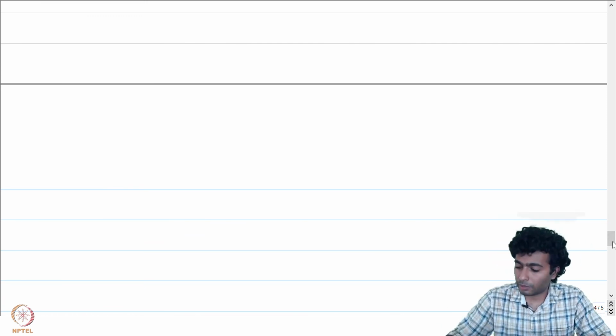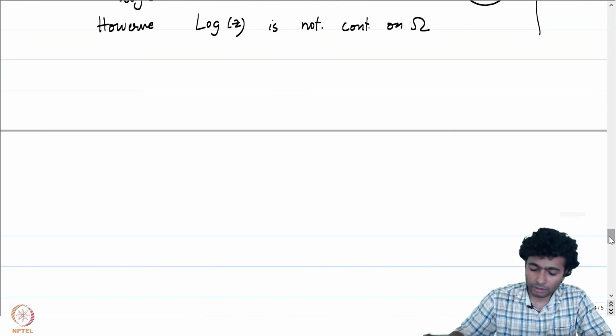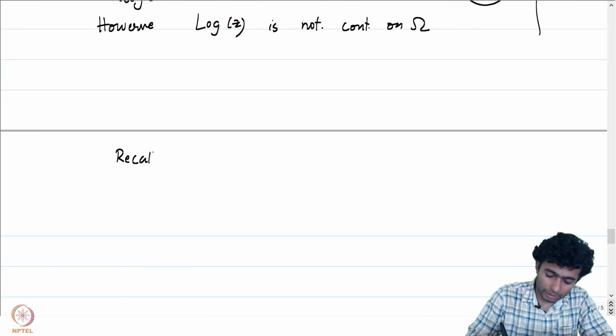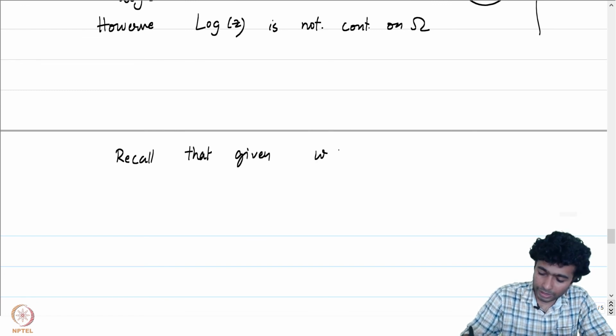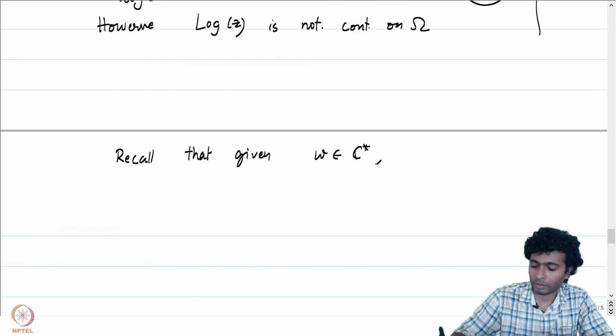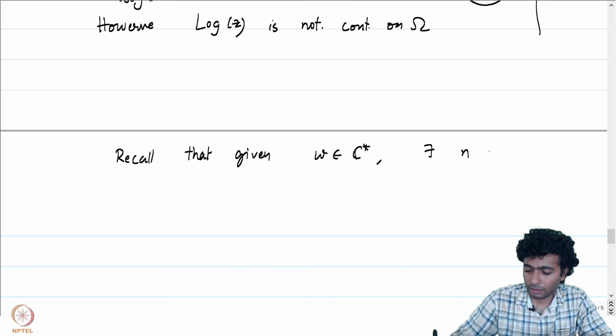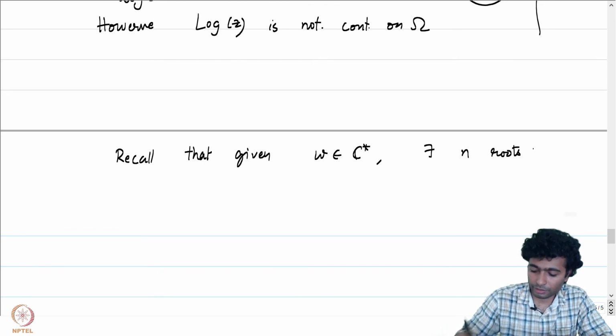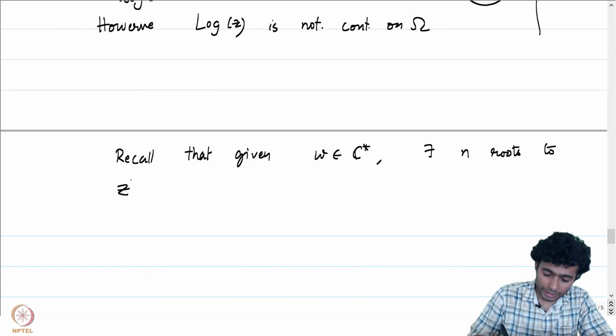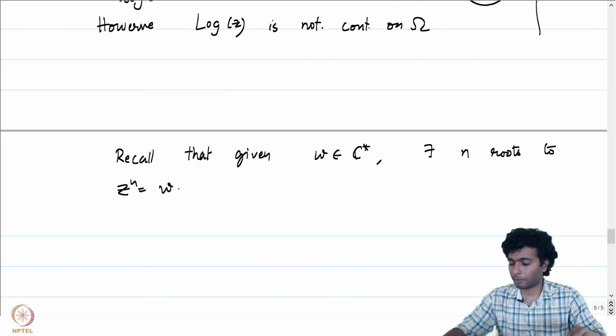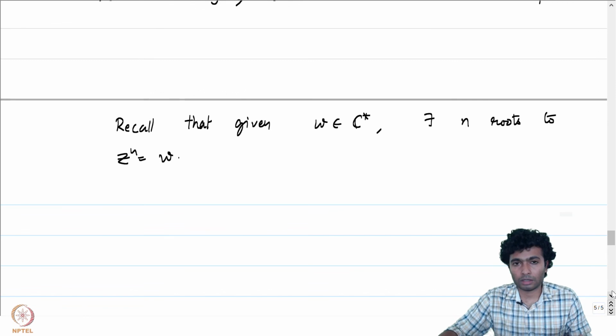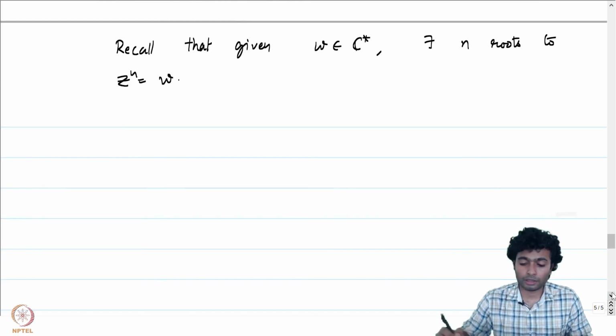If you go back to one of the problem sessions earlier, recall that given W in C star, there exist n roots to the equation z to the power n is equal to W. This is one of the problems which we solved in one of the problem sessions earlier.